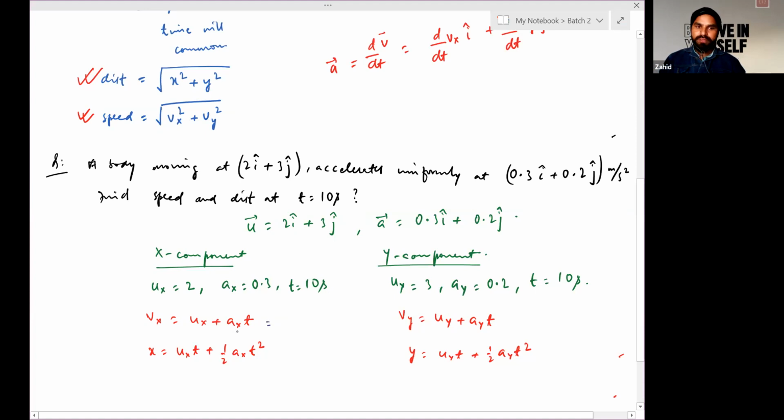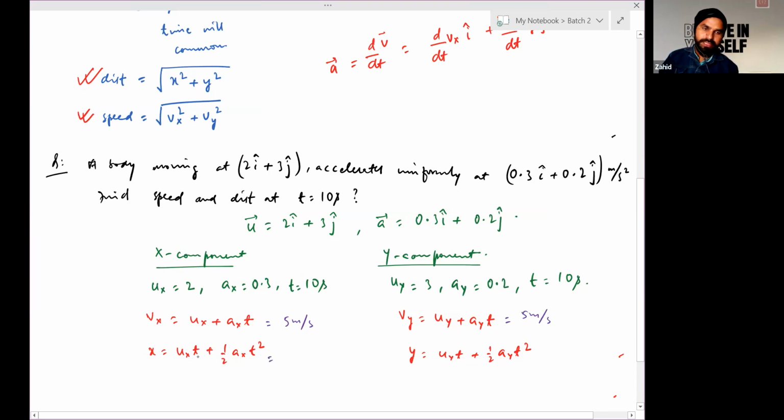If you put the values in this Vx, Ux is 2, Ax is 0.3 into 10, so it will be 5 meter per second. Similarly for Vy, good Samara, Uy is 3, Ay is 0.2 into 10, so it will be again 5 meter per second.